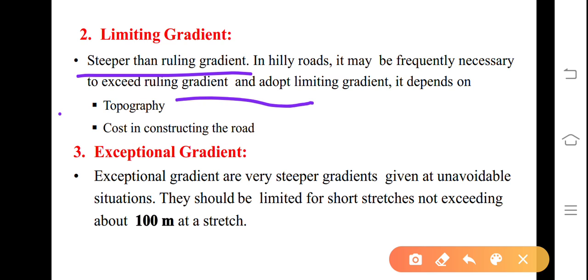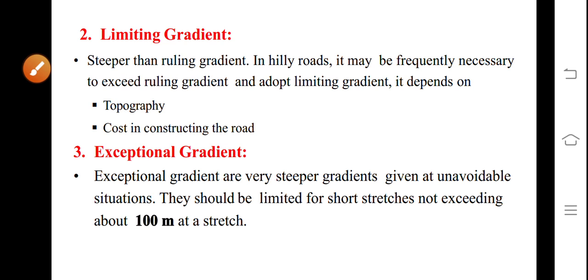It depends on topography, as I said already, and cost in constructing the road. Both we have to see. The one which is proposed with a steep gradient as limiting gradient shall become economical also from the point of view of construction cost, and in order to cater for the present existing topography also we have to take care.